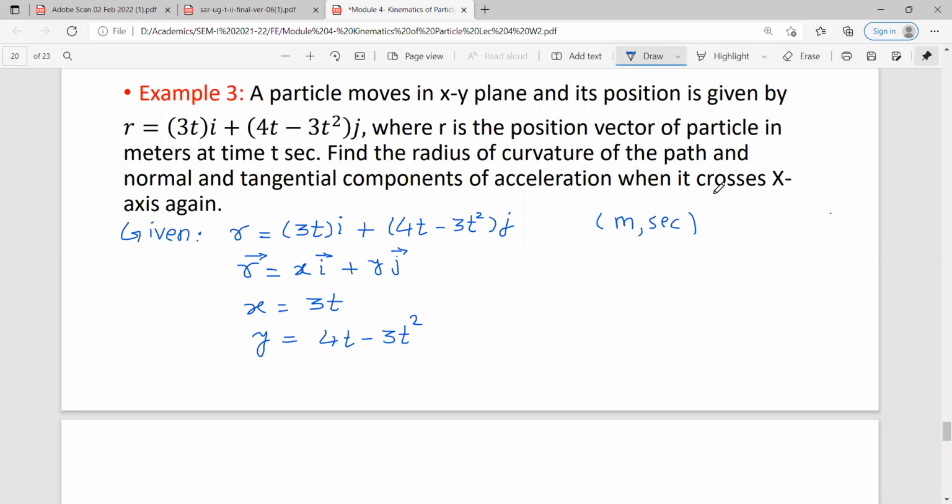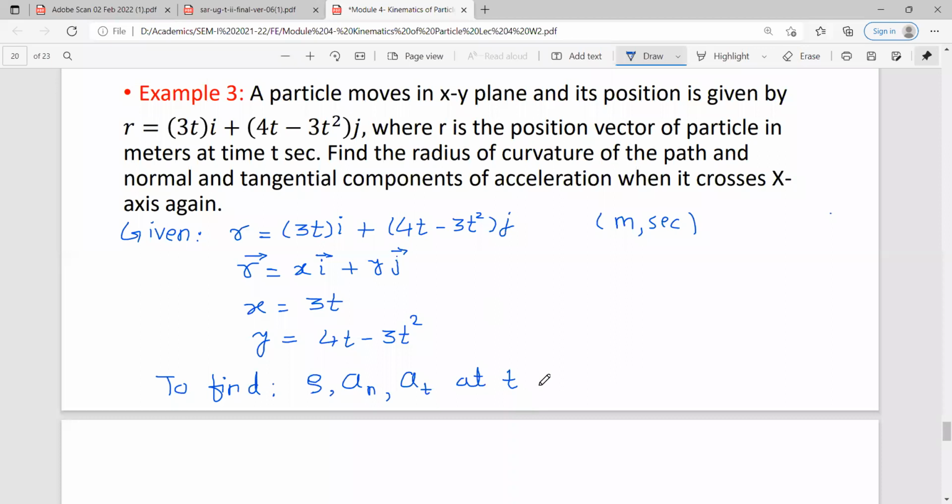So to find the radius of curvature and components, that is normal component and tangential component, at a specific time t, when the particle crosses the x-axis again.